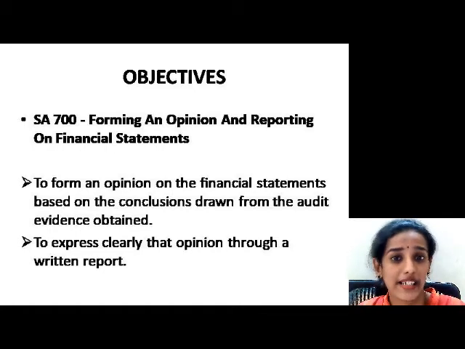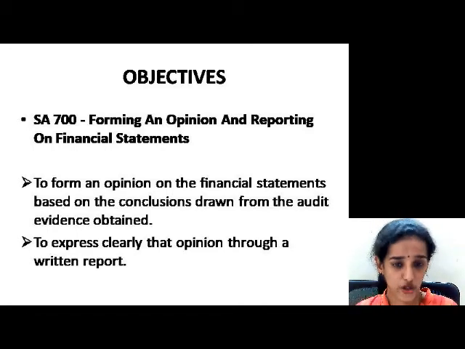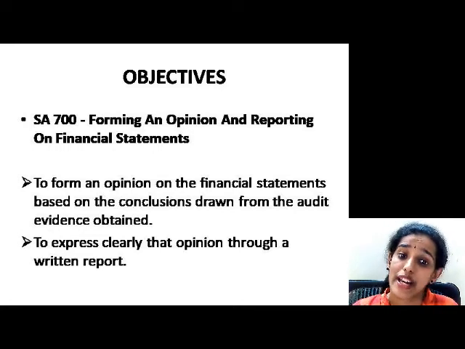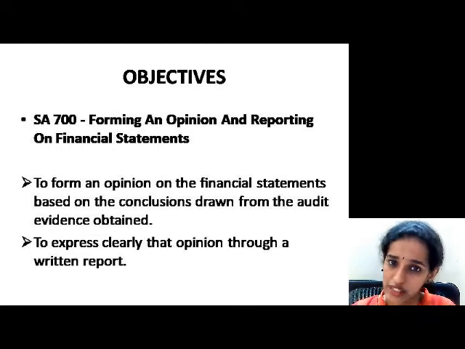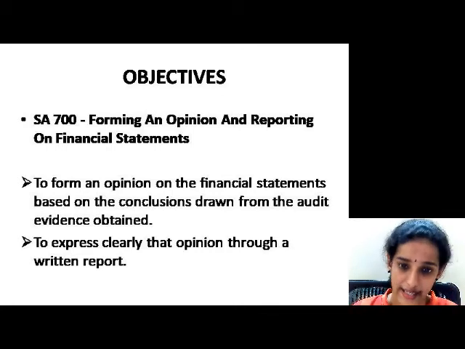By performing certain audit procedures. So to form an opinion based on the conclusions drawn on the basis of the audit evidence obtained by means of the audit procedures performed. That is the first objective. Second is to express their opinion through a report in a written form, so how they are communicating their findings to the management. So the basic objective of this standard is this much.